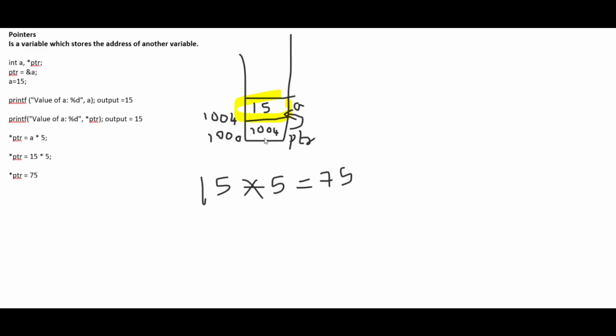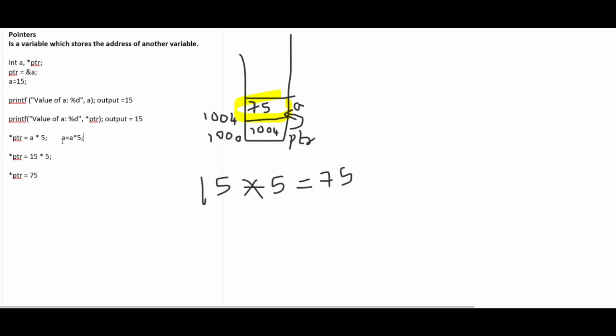That means I'm in turn changing this value. Now this becomes 75. It is the same as writing a is equal to a star 5. Both are the same now.